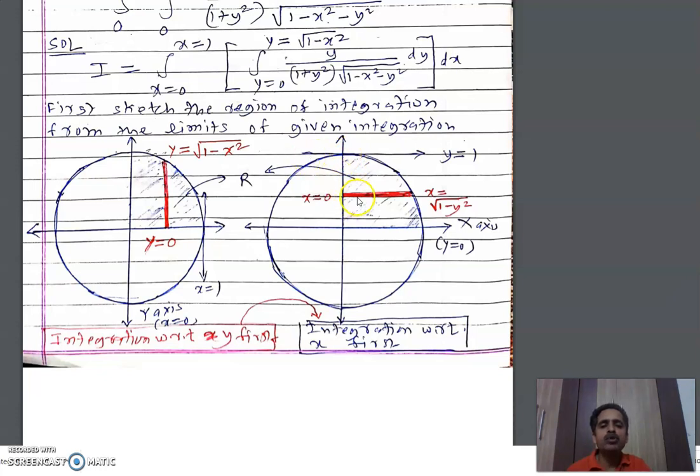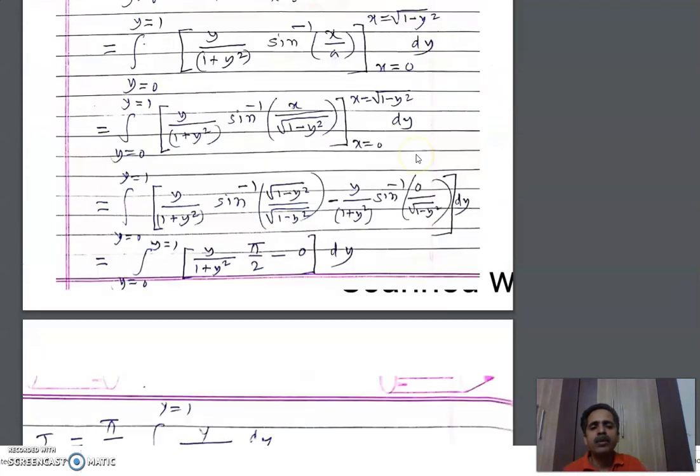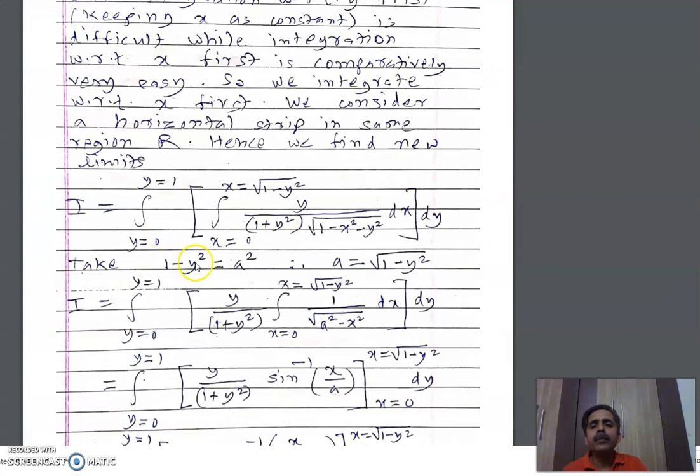That means you have to stop moving this horizontal strip at the line y equal to 1. So the limit of y varies from y is 0 to y is 1. The same thing we have included here: limit of y is 0 to y is 1.